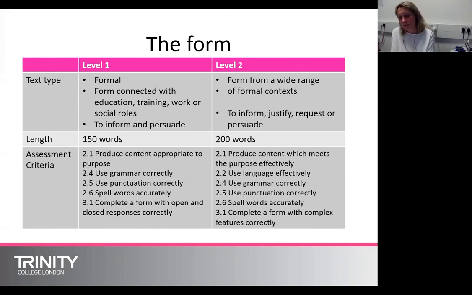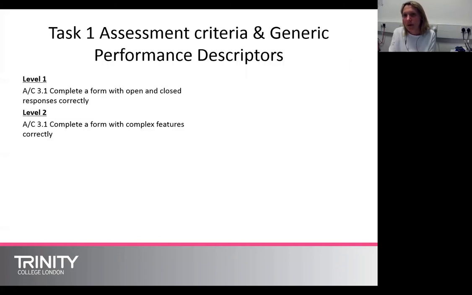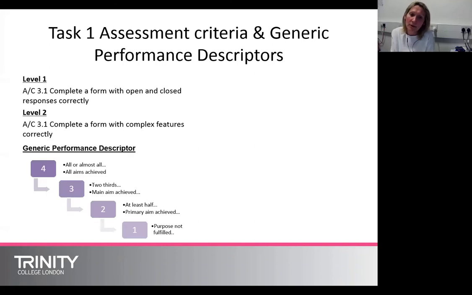So this is the task 1 for both level 1 and level 2. And these are the assessment criteria and generic performance descriptors that are linked to the form. So a candidate would be awarded 1 for assessment criterion 3.1 if the purpose of the form is not fulfilled.